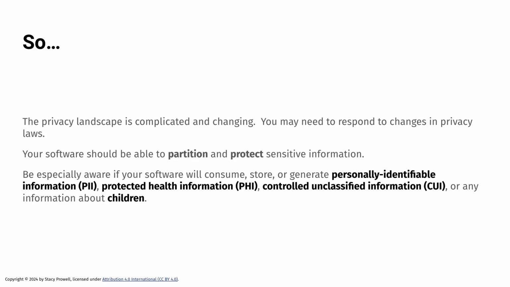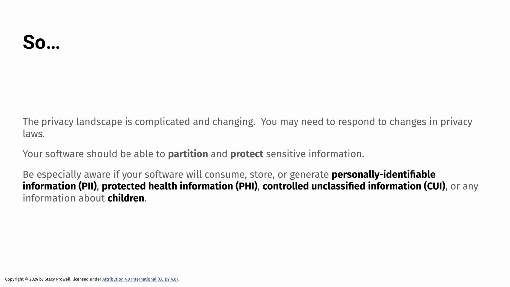The idea is I recognize that I may have evolving standards that I have to adhere to for different types of data. And so I should partition my data so that I can update my system as things evolve and change.